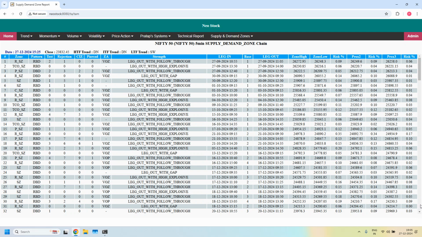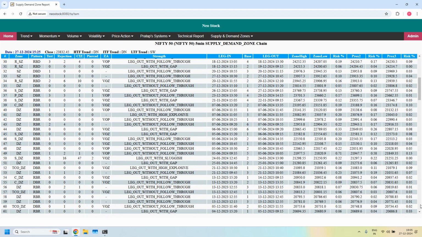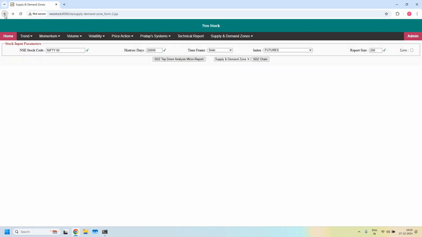To view the demand zones, let me scroll the list down. So this is about Nifty supply demand zone chain. Next, I will be generating Bank Nifty supply demand zone chain. That is nothing but Nifty Bank. Okay, monthly supply demand zone chain for Bank Nifty.